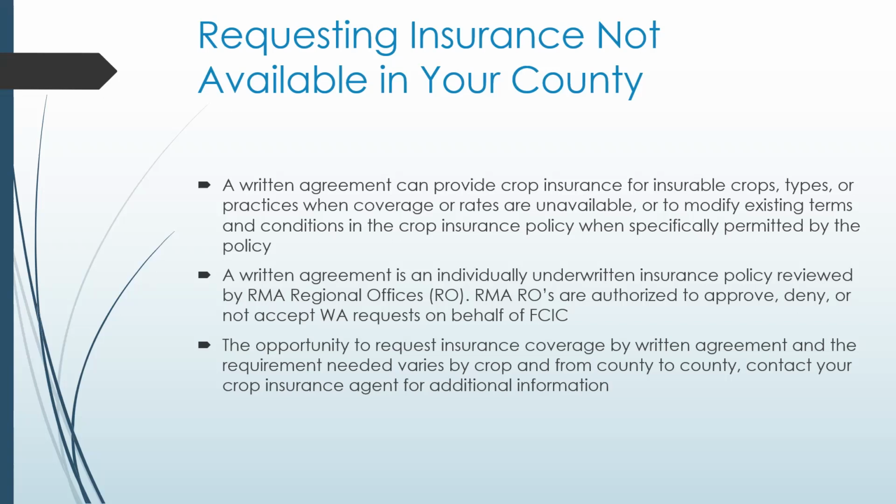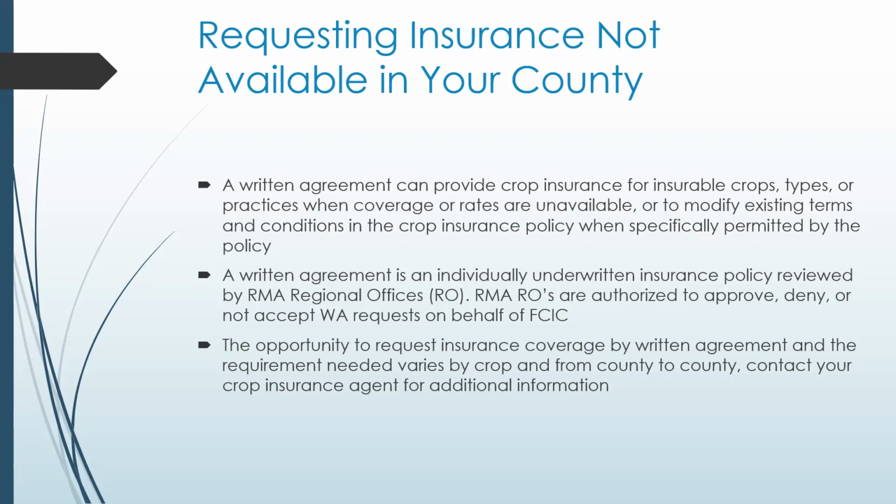You and your agent would gather together to complete the request form and any production records that might be needed for whatever crop it is that you're requesting. So we'll have acreage and production records, and then possibly even confirmation from an agricultural expert that the crop can be produced in the county, unless we already have that information available.